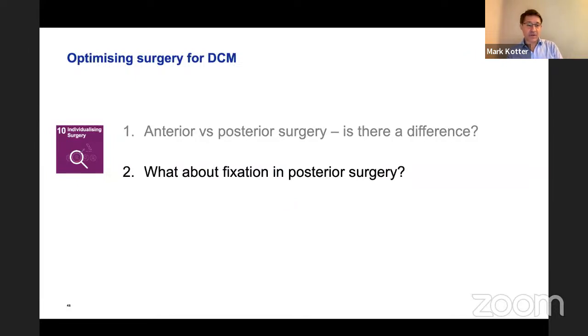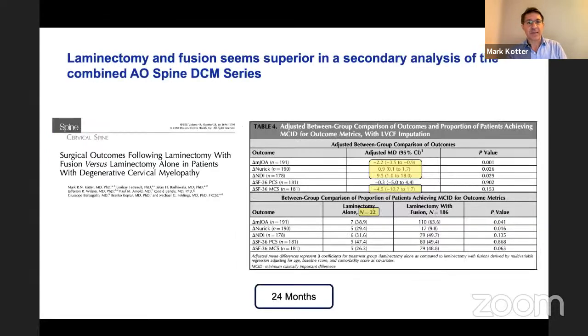Another area of controversy and widespread differences in surgical approaches is, of course, the posterior surgery, and in particular the question whether we need to do a laminectomy in addition to fixation, or whether laminectomy alone is sufficient.